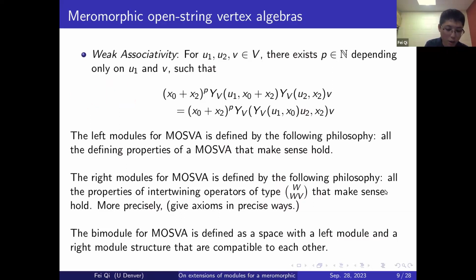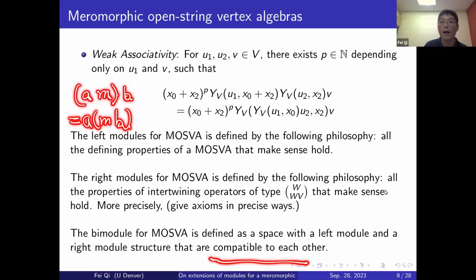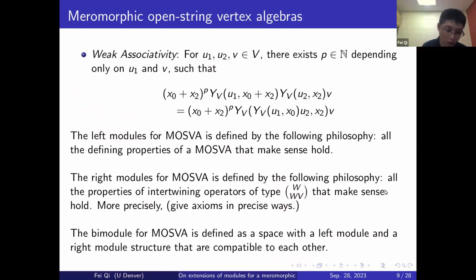The result should be the same as if you first act from the right, then act from the left. So this compatibility basically looks like an associative relation among the left vertex operator and the right vertex operator. Everything has been written down in my previous paper in JMP actually.